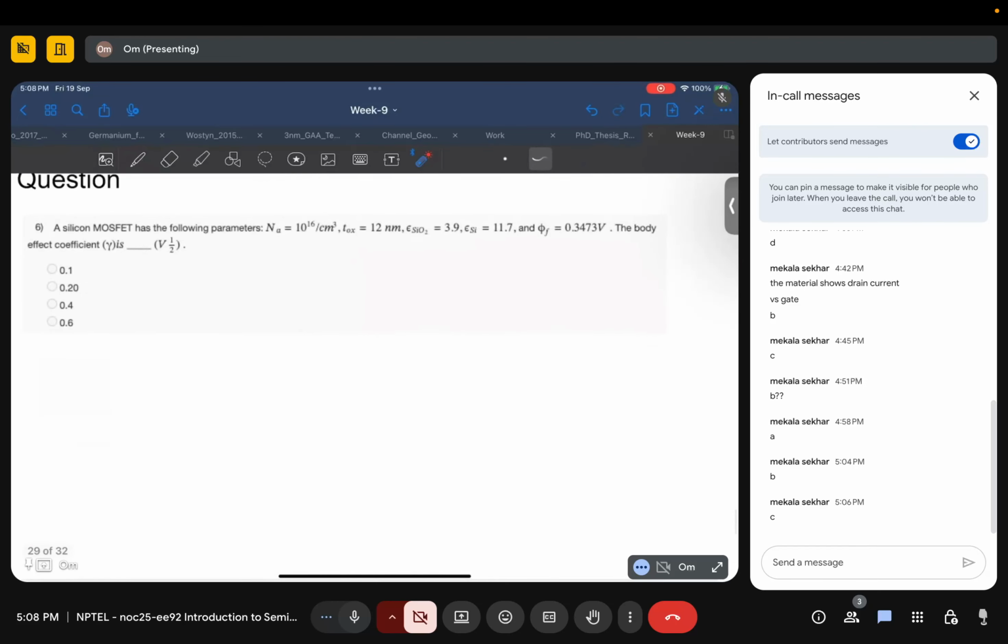Next question. A silicon MOSFET has the following parameters. The body coefficient is what?